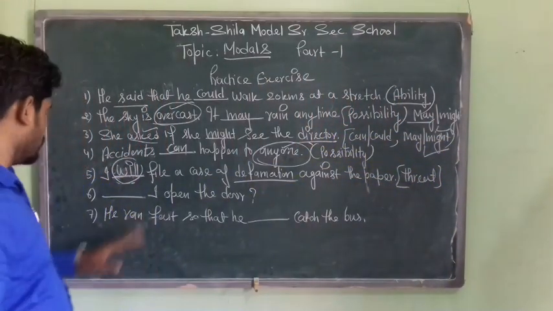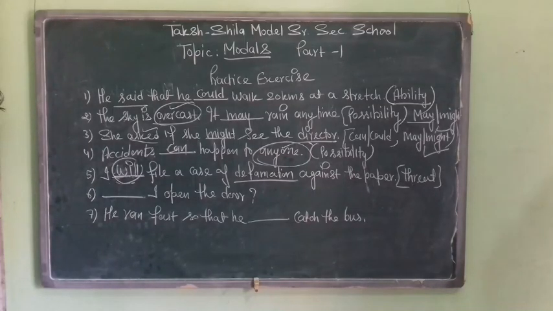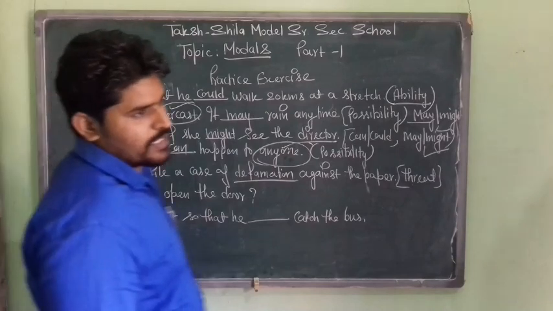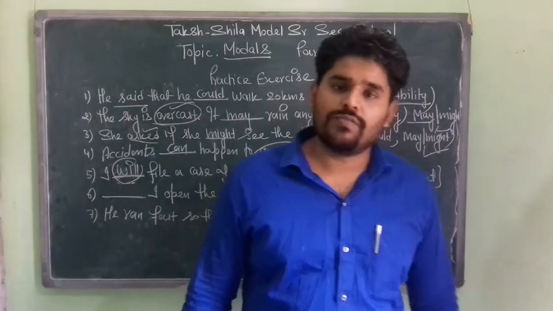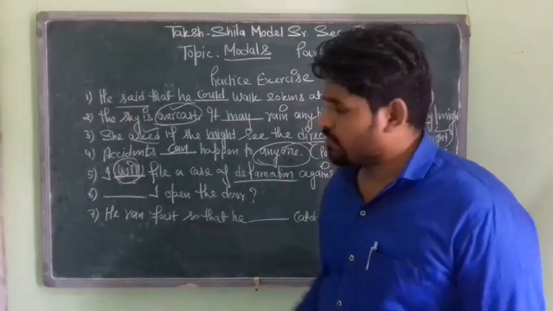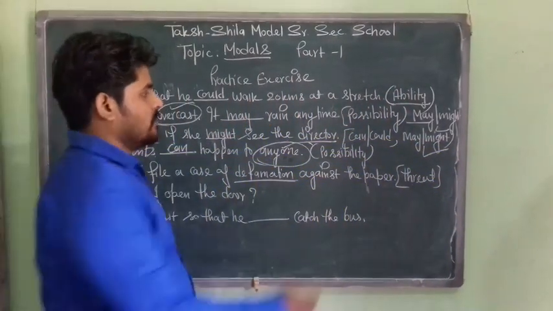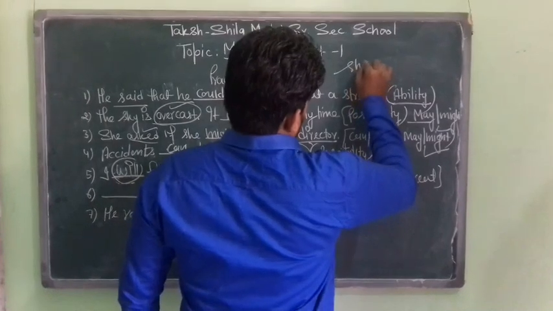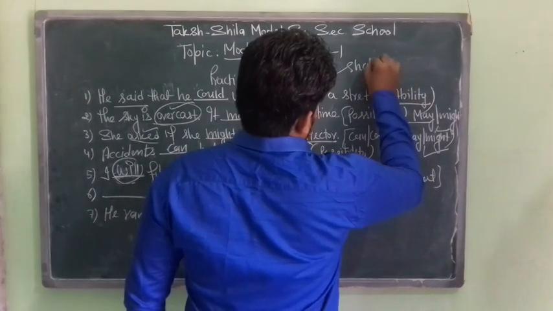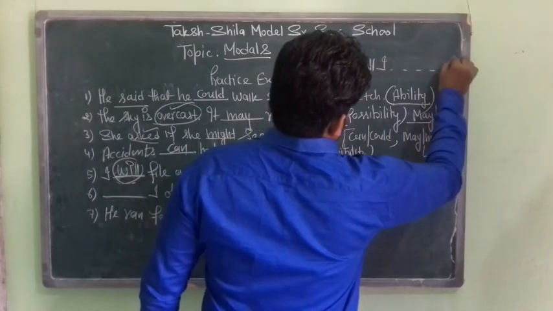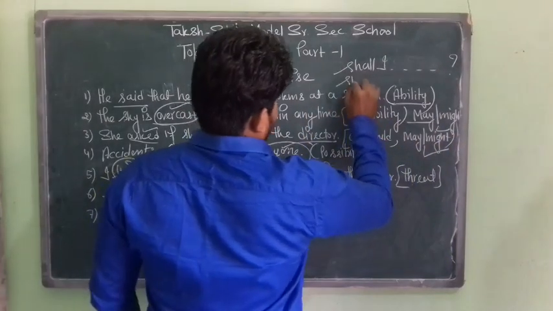So students, here the next question is question number 6. Shall I open the door. Yes, when I was explaining to you the use of will and shall, I forgot to tell you one more use of shall. Shall is also used to express suggestion, and especially with shall I or shall we.